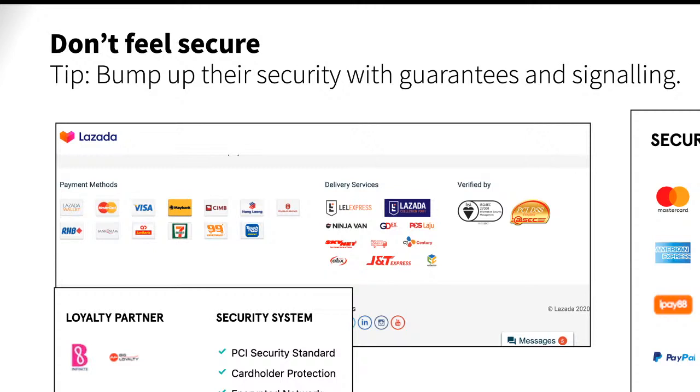We are encrypted, and more, to signal to you that we are secure. You don't have to worry when it comes to buying from us. Sometimes a lot of younger e-commerce sites forget to put all these logos on their site. If you're someone like that, you would benefit a lot by putting all these security logos and also guarantees to reduce the risk of someone who is going to buy something from your site.